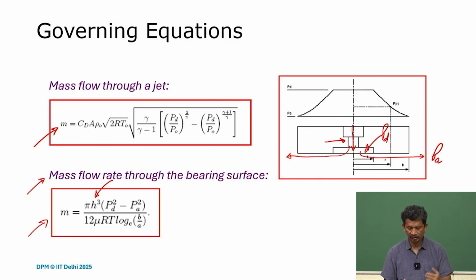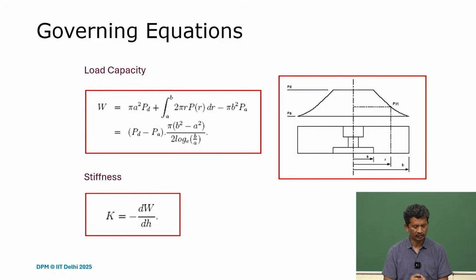So then we can calculate, and B and A are these geometric parameters we have. So these are two mass flow rates, and we can always try to solve for a given air gap, and we can accordingly find the pressure distribution here.